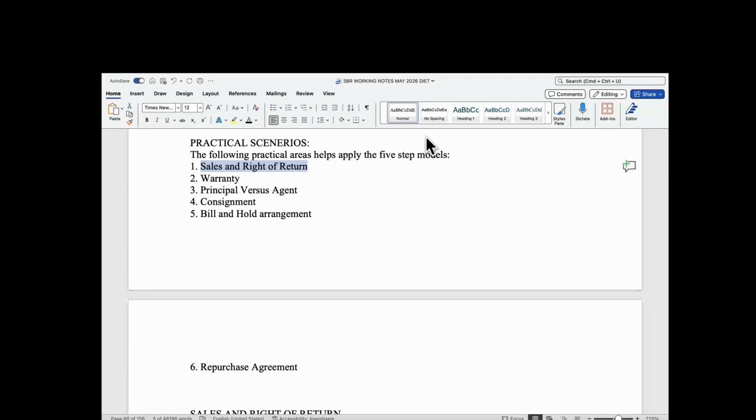So if it has not elapsed, you cannot recognize revenue. What you should recognize instead is a liability because the customer can return it. And since you cannot recognize revenue, you should also transfer the cost of sales to an inventory recoverable account.